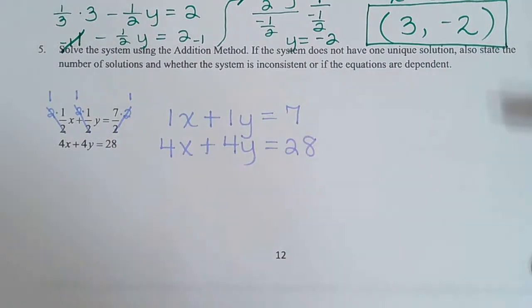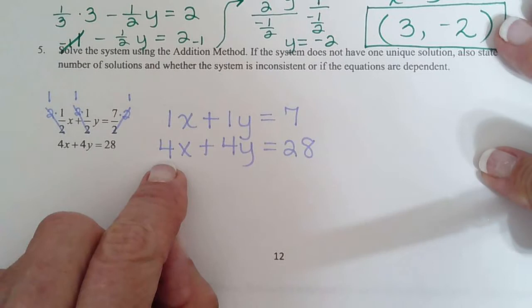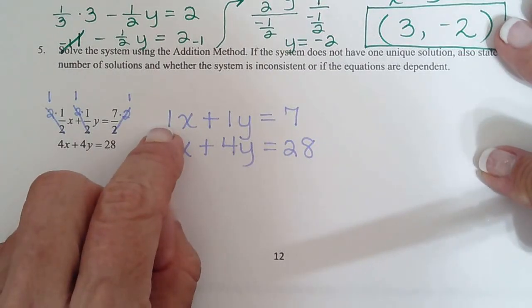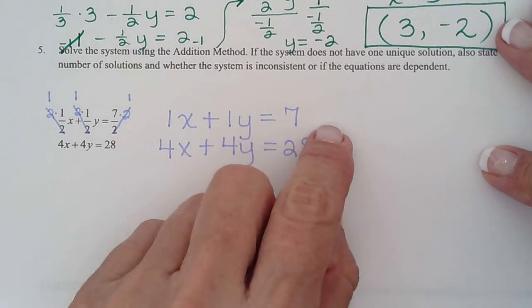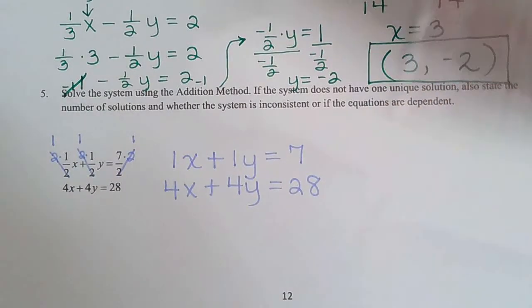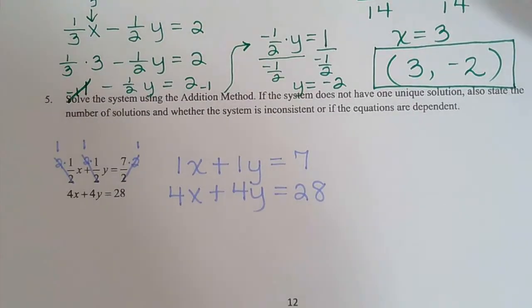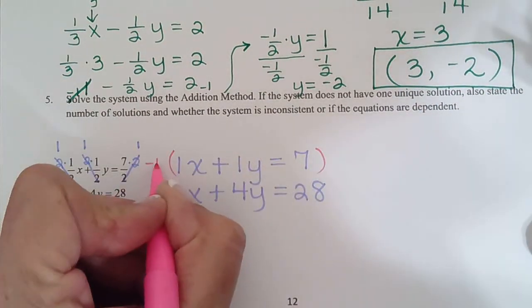So this one, it's pretty much equally as easy to get the x or y to cancel. This is 4x. I can make this negative 4x by multiplying by negative 4. This is 4y. I can multiply by negative 4 to get that. So this one really doesn't matter. So either way, it's going to be negative 4.